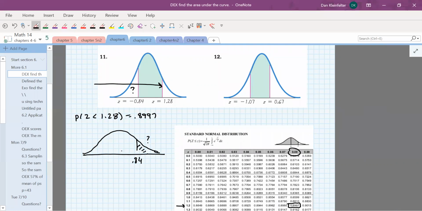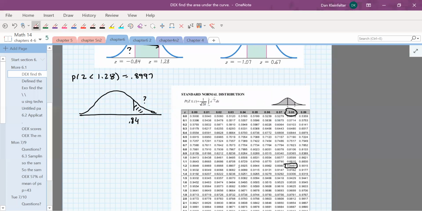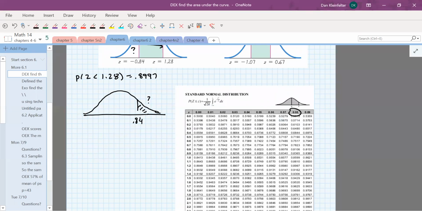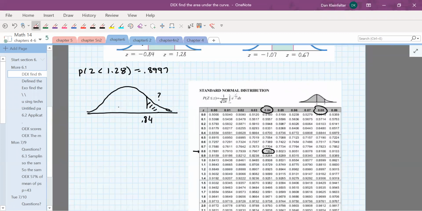So we will look to the left of 0.84. 0.8 is here, hundredths place is 4, 0.7995.